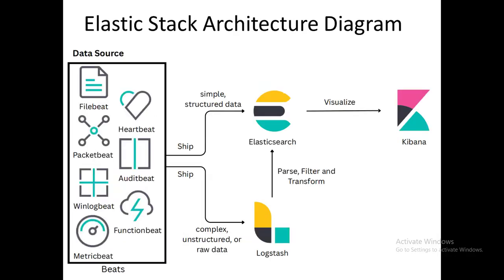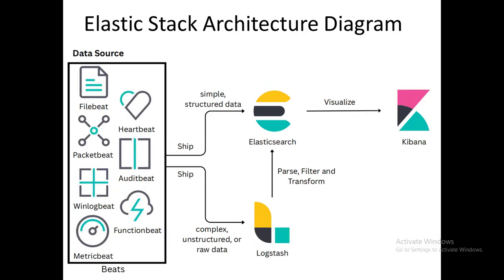Okay. Now the next is the architecture of the Elastic Stack. Let's check. First of all, in this architecture is the data source. In this data source, Filebeat, Heartbeat, Packetbeat, Auditbeat, Winlogbeat, Functionbeat, and Metricbeat.